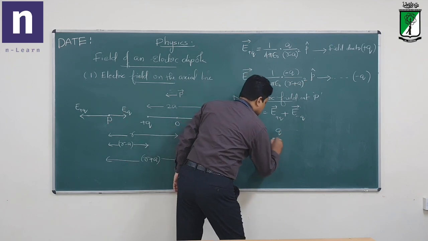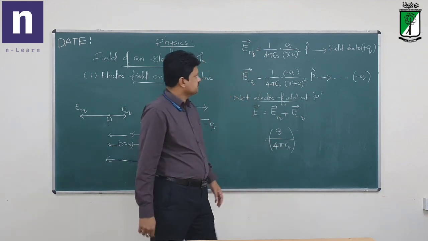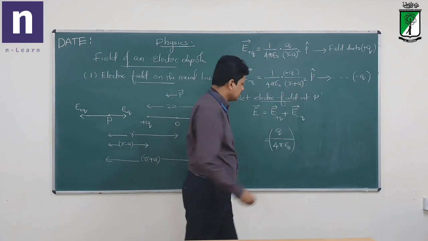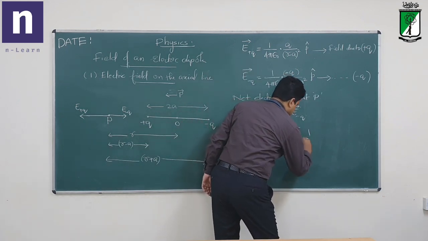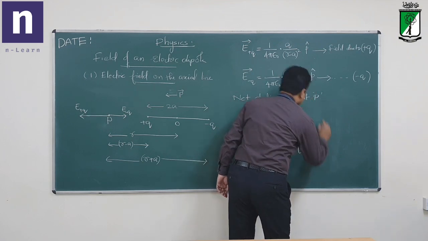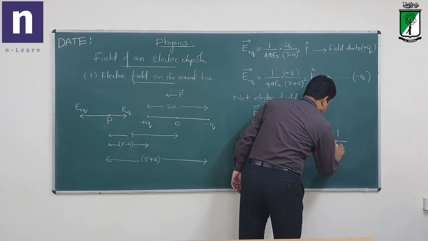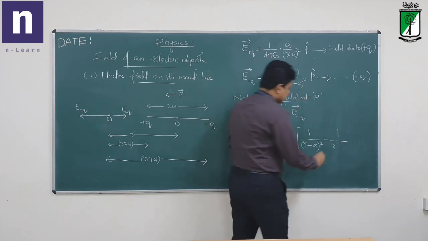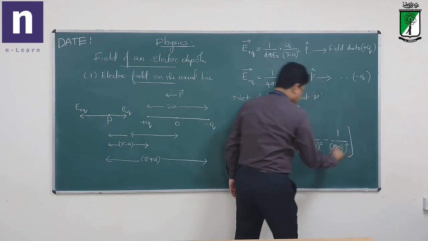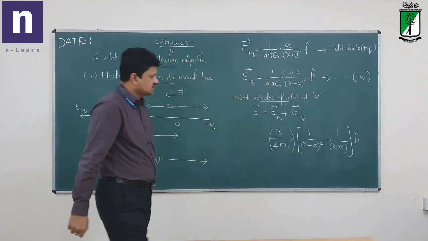So I will take Q divided by 4 pi epsilon naught as a common factor, and 1 by r minus a square, and here minus 1 by r plus a square, into p cap. So this is the net field.